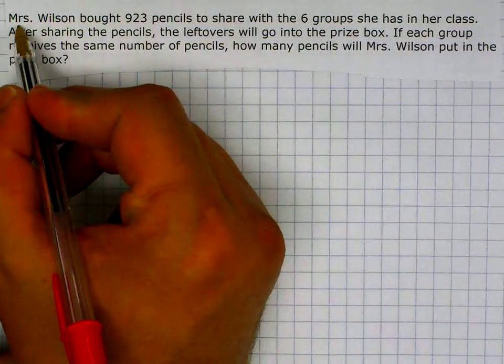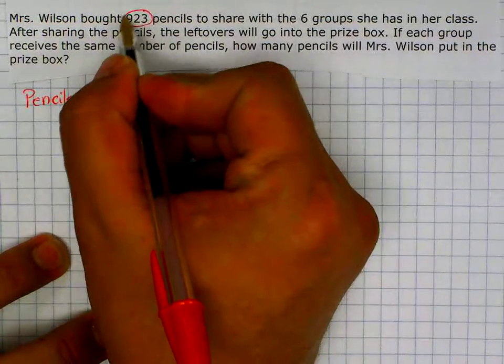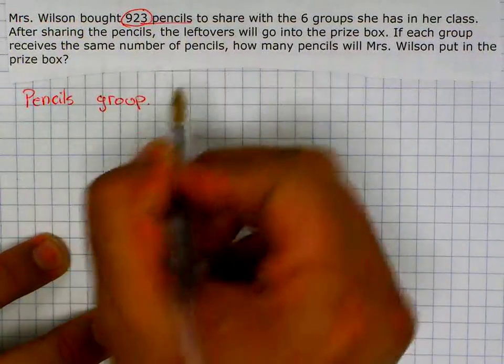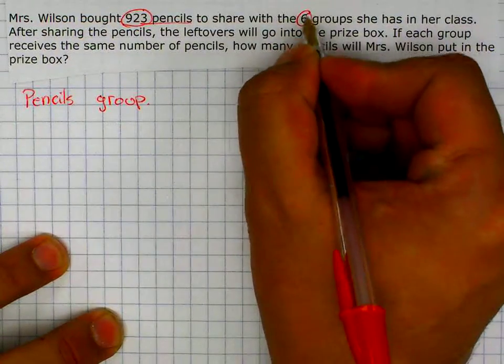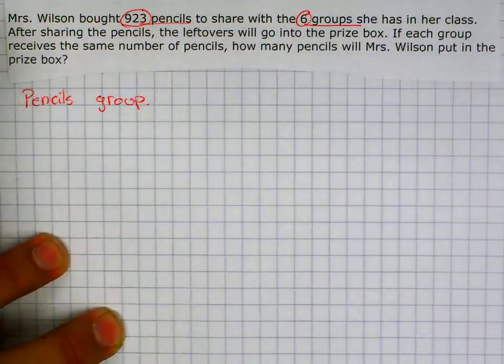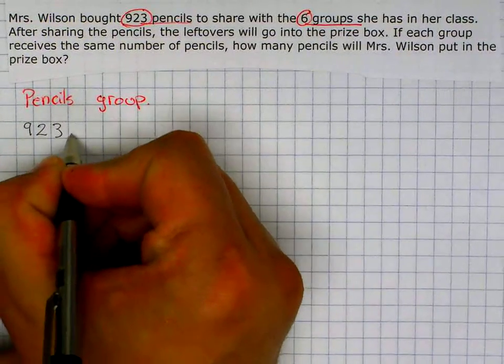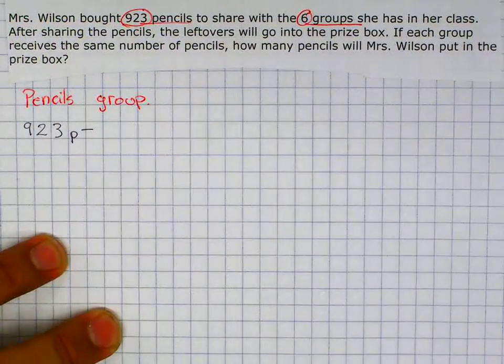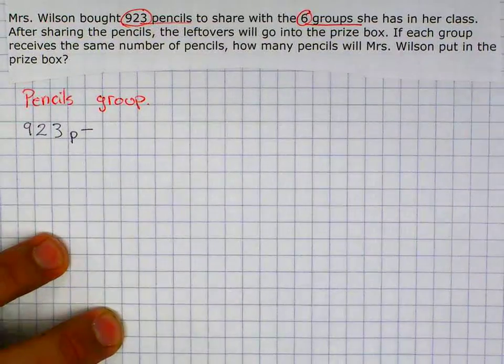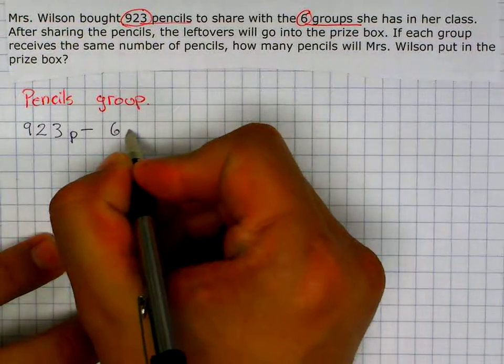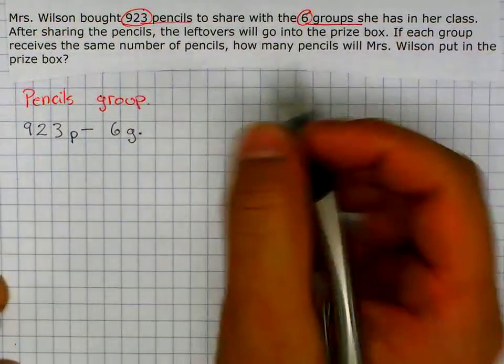It says that Mrs. Wilson bought 923 pencils to share with 6 groups in her class. So she has 923 pencils. And what is she doing with these 923 pencils? She's sharing it with 6 groups.